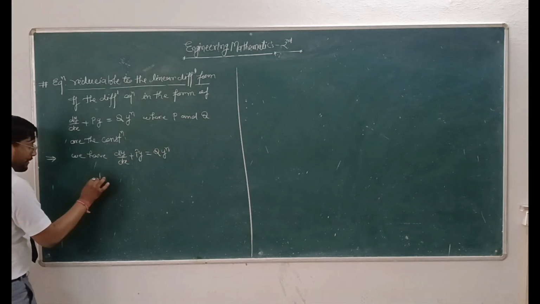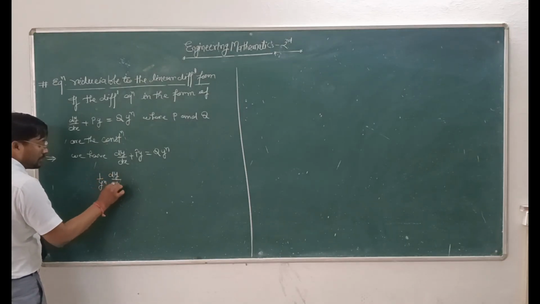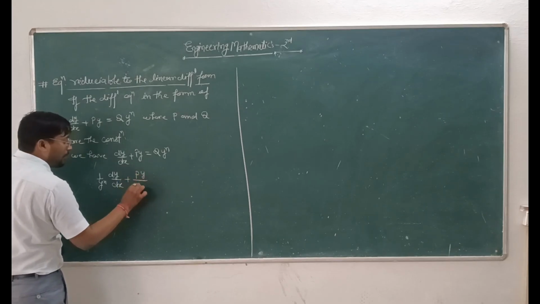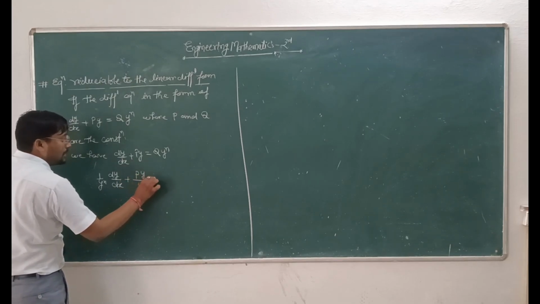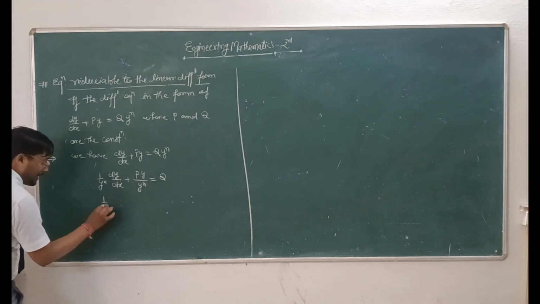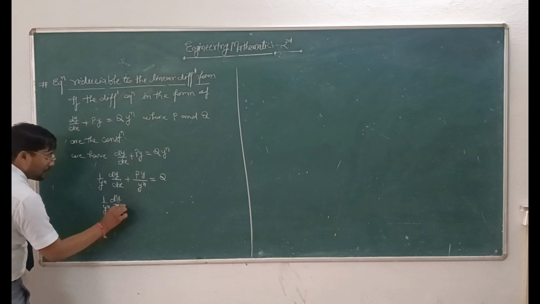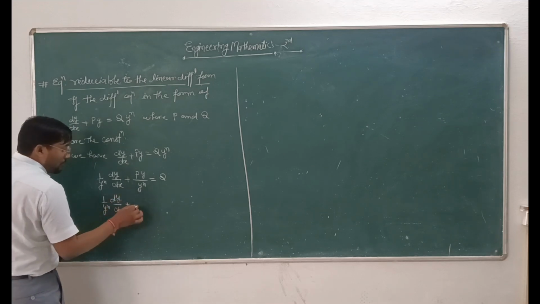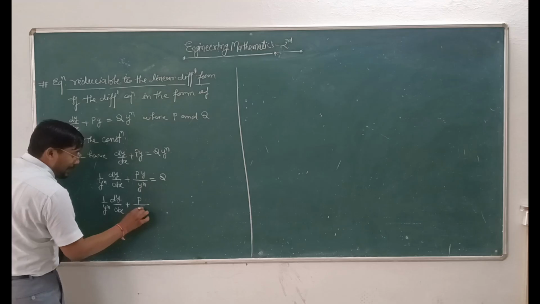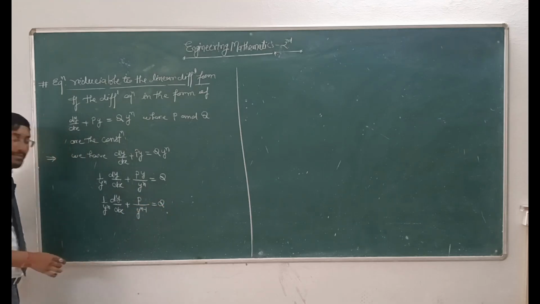Now 1/y^n dy/dx + P y/y^n = Q. Now you can write 1/y^n dy/dx + P/y^(n-1) = Q.